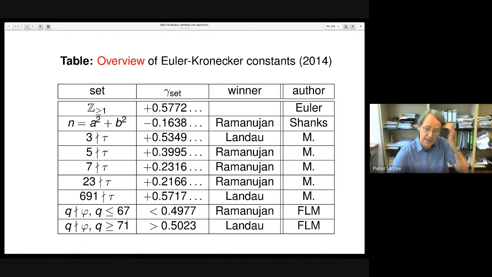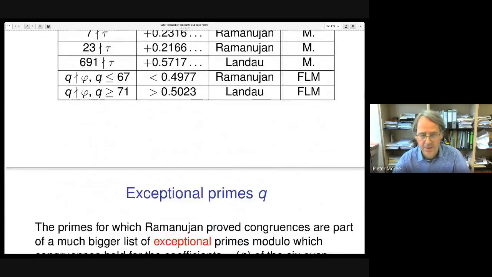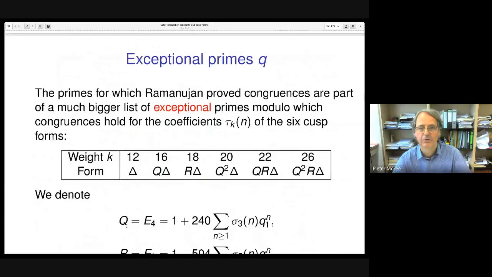But the idea here in this project was to do it for an infinite family. These are just a finite number of examples, but here we're looking at finitely many primes Q. And so this was the status of the Euler-Kronecker constants in 2014 when I published my paper with Luca and Kevin Ford.